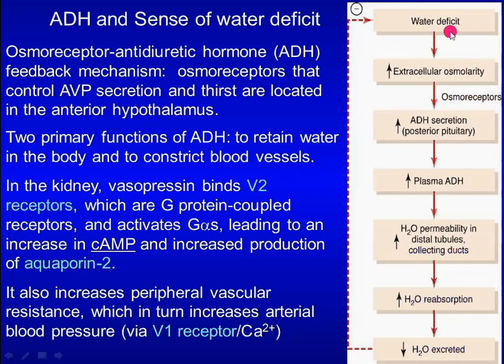Water retention results in decreased extracellular osmolarity. ADH also increases peripheral vascular resistance, which in turn increases arterial blood pressure through the V1 receptor in a calcium-dependent pathway.